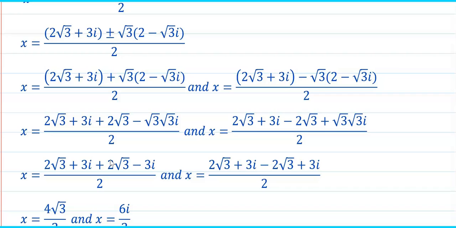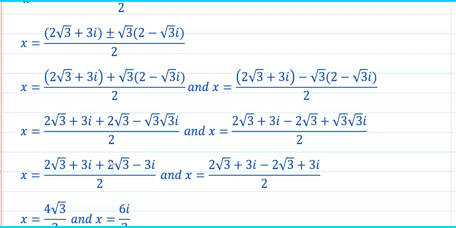On the other side, here we will take the minus sign: 2 root 3 plus 3i, minus root 3 multiplied by 2 gives minus 2 root 3, and minus multiplied by minus becomes plus, root 3 into root 3 i. That is a plus, 2 root 3 plus 3i minus 2 root 3, and here root 3 into root 3 you will get 3i.